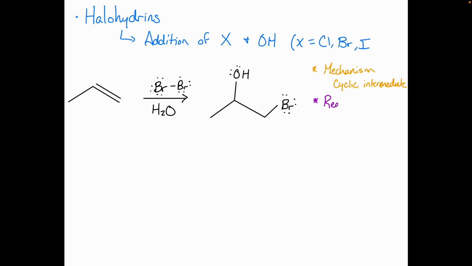This reaction is regioselective. They call it Markovnikov, but it's kind of hard to say because you've got a bromine and an OH group. So let's just say OH on the more substituted carbon.